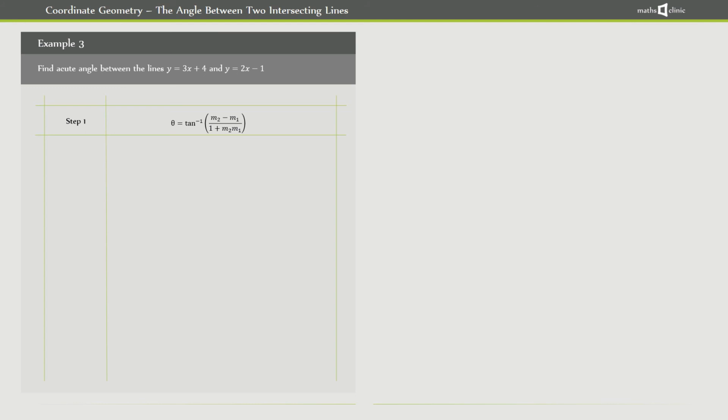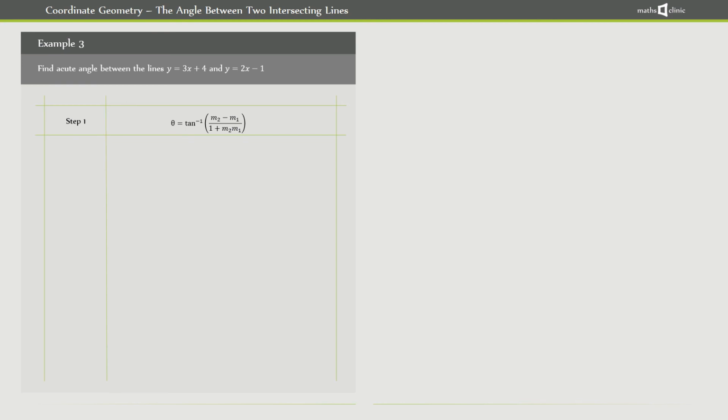If we're looking to get an acute angle, we usually assume that the steeper line is m2. Anytime you're trying to get an acute angle, i.e. an angle between 0 and 90 degrees, the tan of that angle has to be positive.